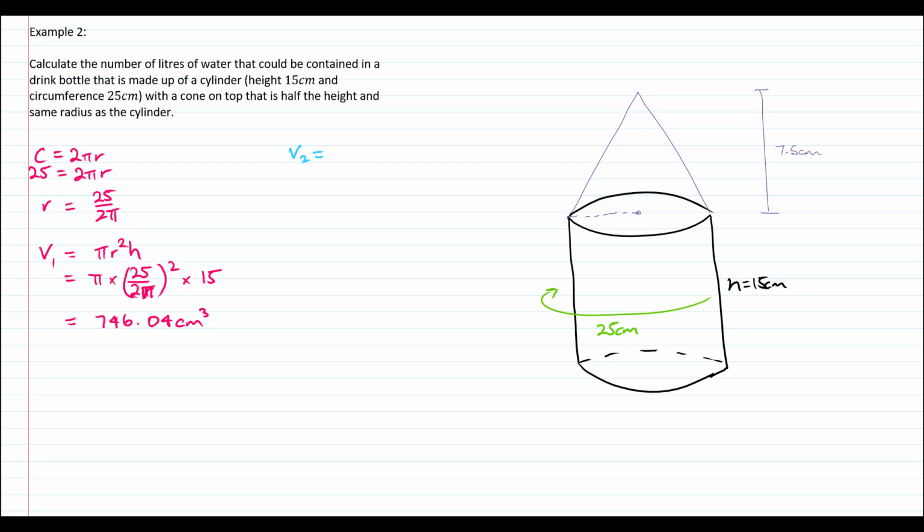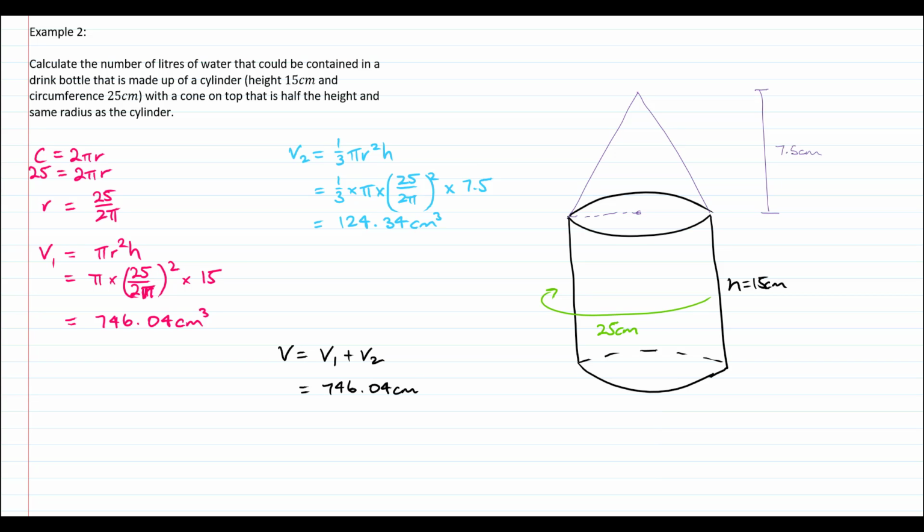Volume 2, which is the cone's volume, is equal to 1/3 pi r squared h, which in this case is 1/3 times pi times 25 over 2 pi, squared, times 7.5, which is the height. If I calculate that, I come out with 124.34 centimetres cubed.